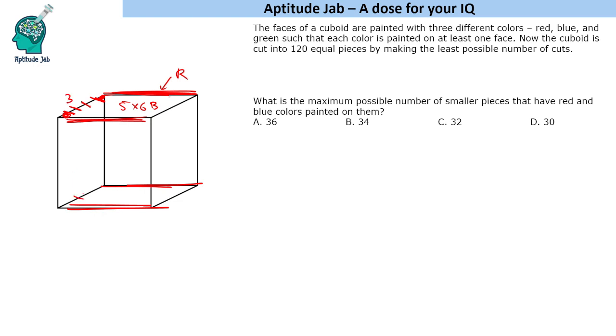And similarly on this side also we will have 3 pieces that have both red and blue color. Okay, so this surface is red, this surface is blue, so 3 pieces which were not counted. So 3 and 3, 6, and these 6 into 4, 24. 24 plus 6, 30 pieces have both red and blue colors painted on them.